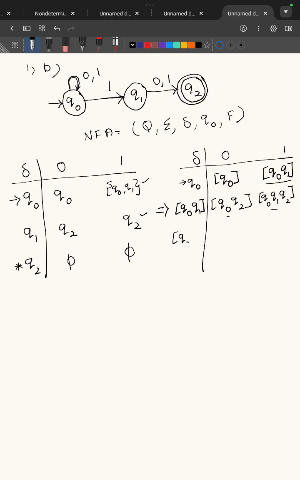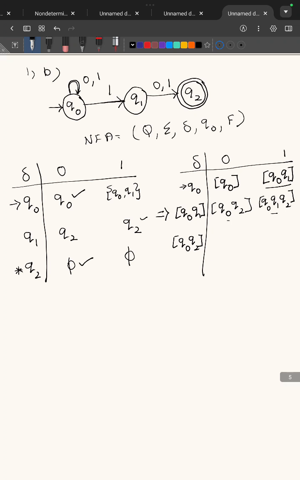So this will be Q0 Q2. How will you find the transition of Q0 Q2? You have to combine this one and this one. Q0 Q2 on 0 is Q0; here it is null, so you need not write anything.